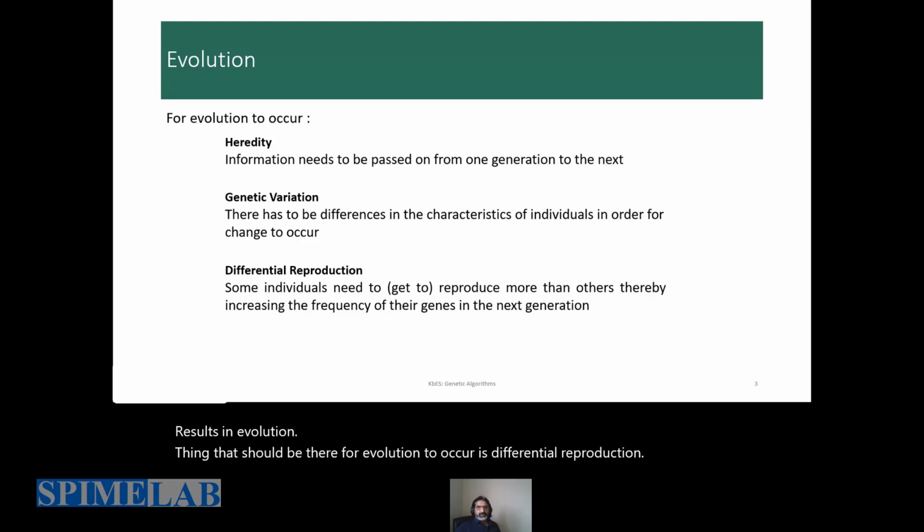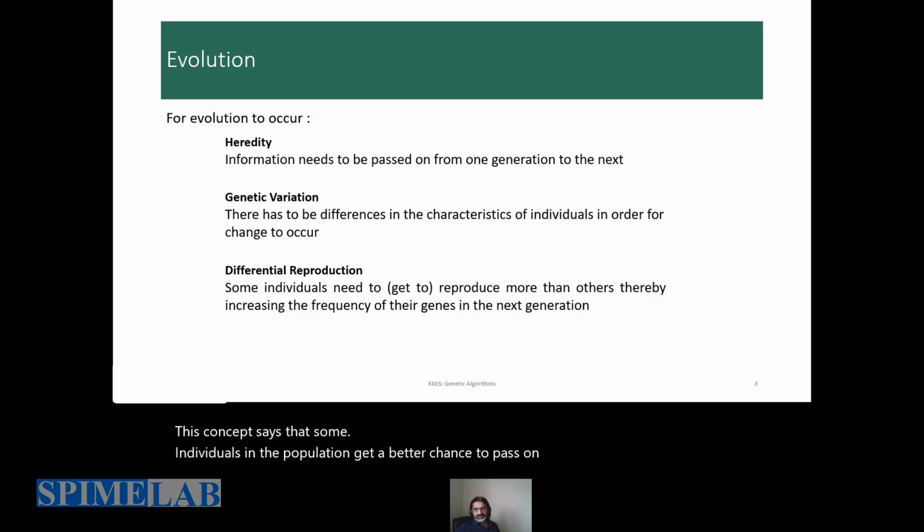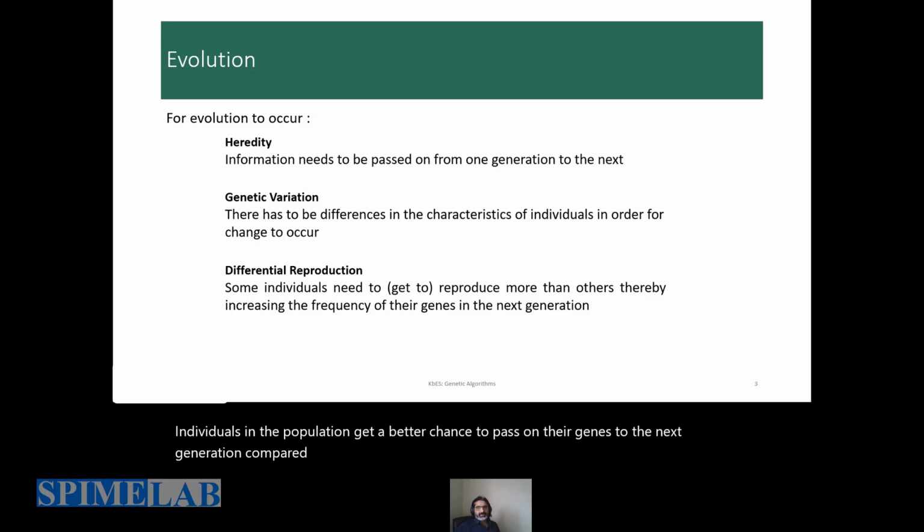The third thing that should be there for evolution to occur is differential reproduction. This concept says that some individuals in the population get a better chance to pass on their genes to the next generation compared to the other individuals. One population will pass on their genes, but some of the individuals will get a better chance.